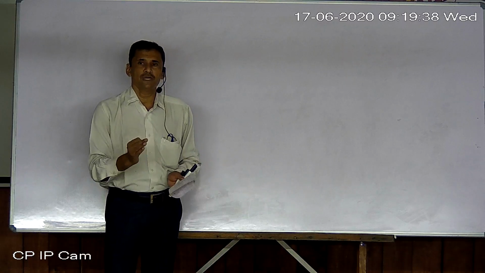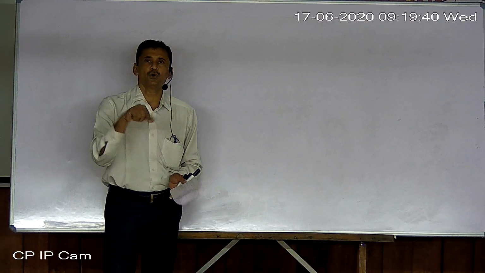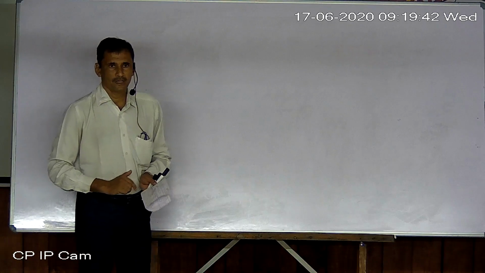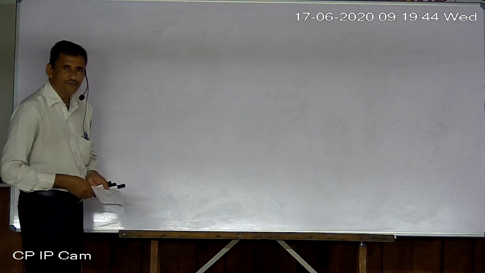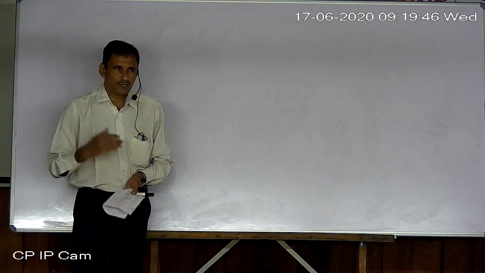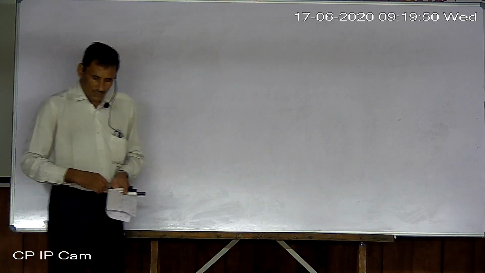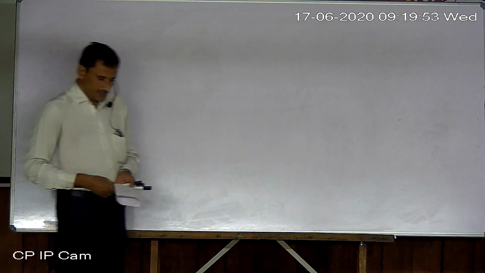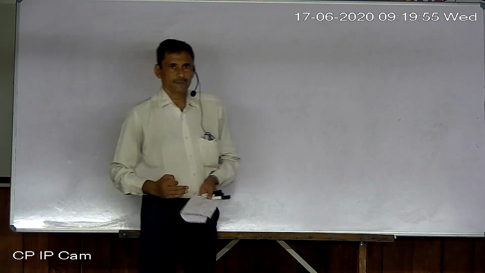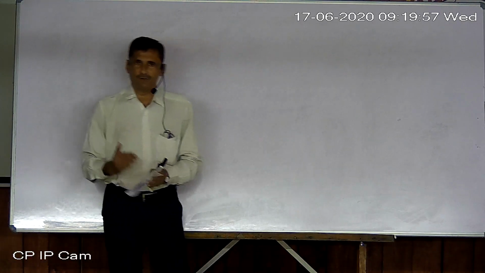That value of x is nothing but a zero of the polynomial. I hope you understand what I am going to tell you. Now we start our systematic study of this lesson.